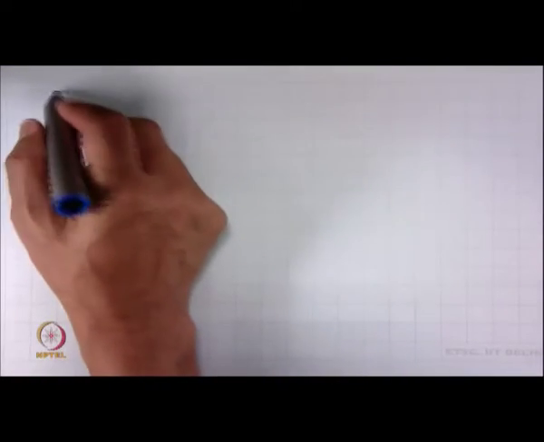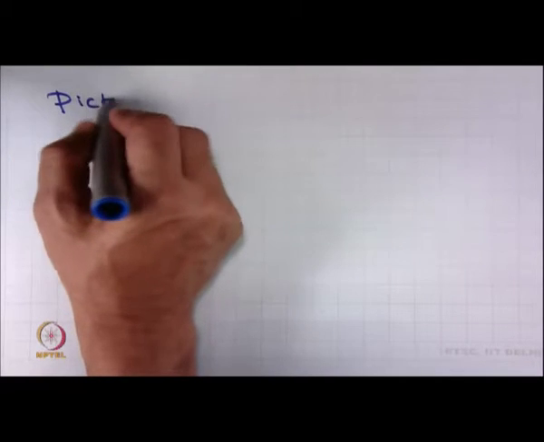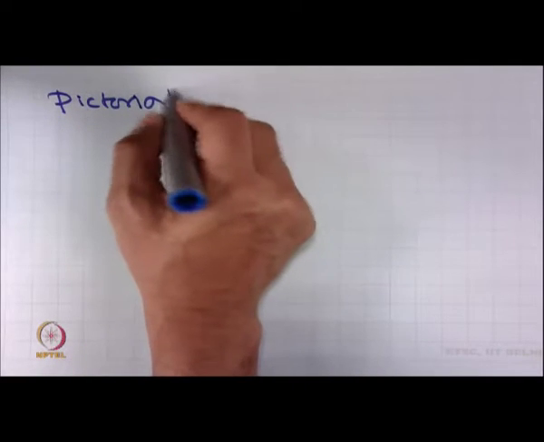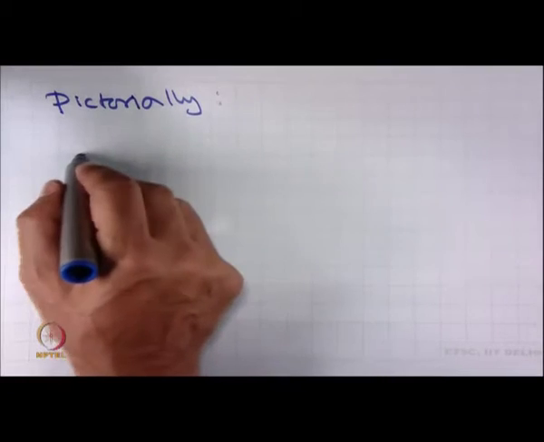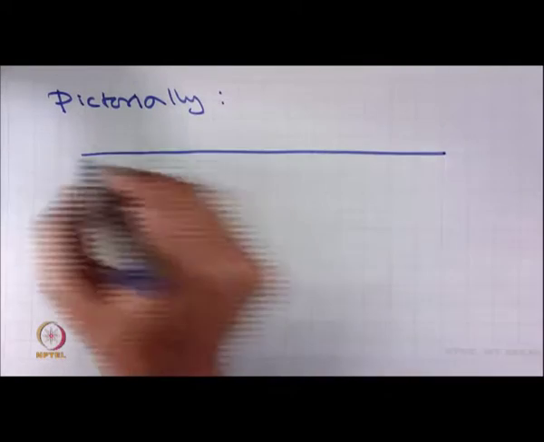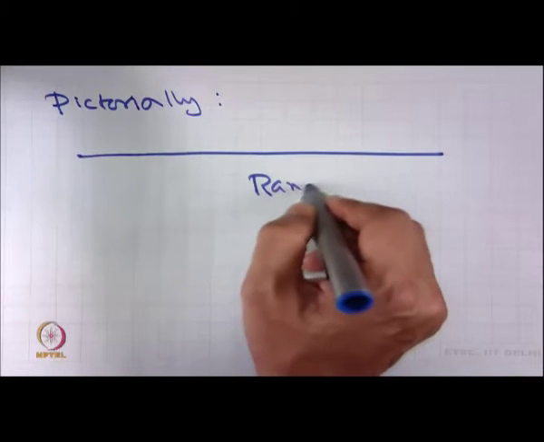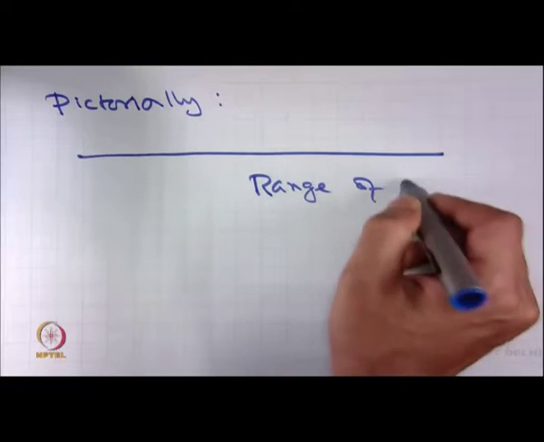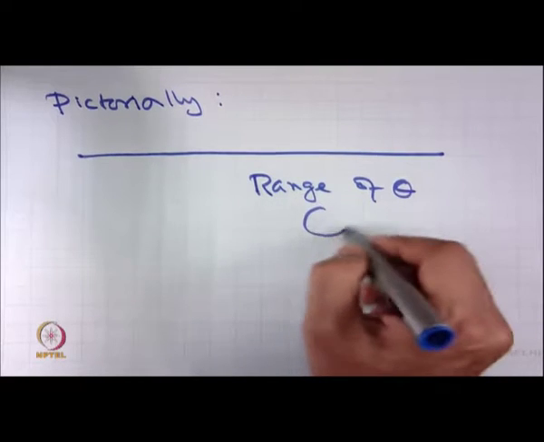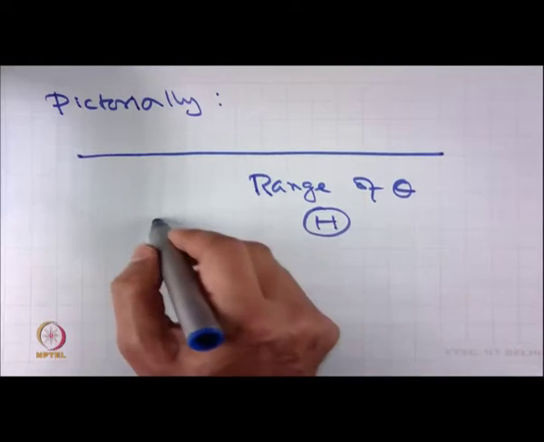So, pictorially, suppose this is the range of theta, which we have already denoted as capital Theta.